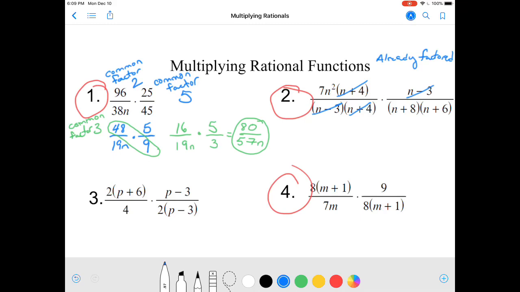Remember, binomials have to stay together. We can't separate them. So we're going to have 7n squared, which is all that's left in the numerator, over n plus 8 times n plus 6, which is all that's left in the denominator.